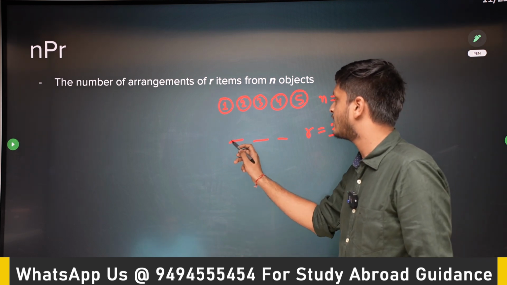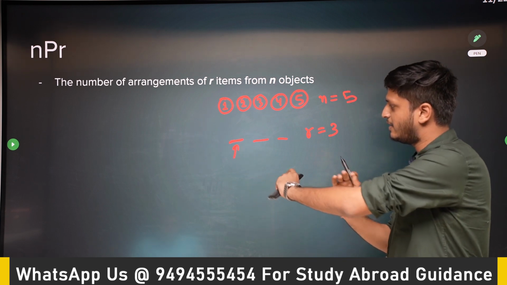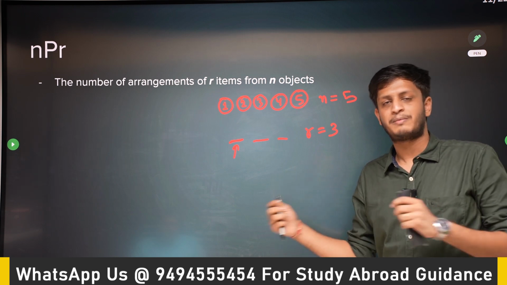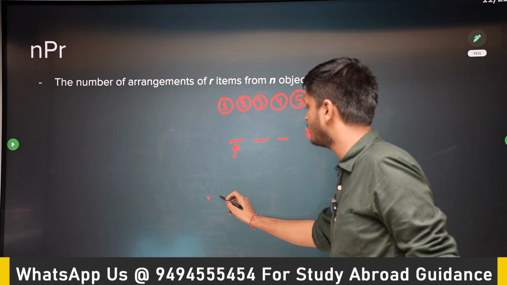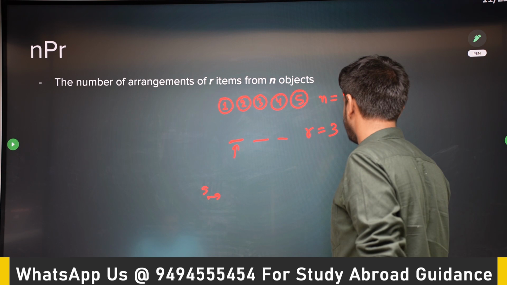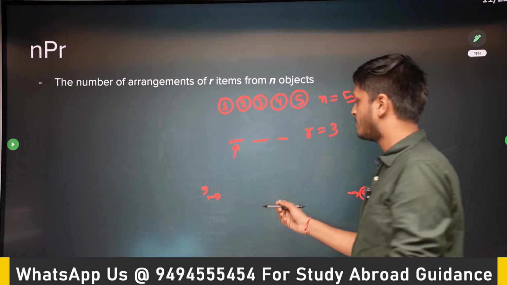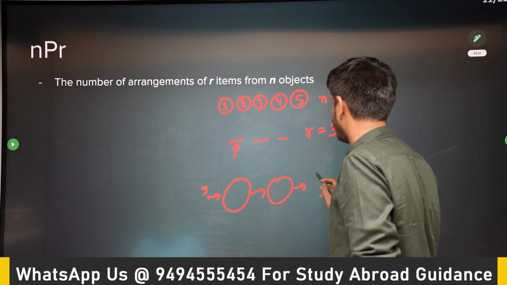How many options do I have for the first place? You can always break all these proofs using the rule of sum and product. Most of them are applying the rule of product. You have a task. What is your end task? You have to arrange 5 objects in 3 places. So break it this way: fill the first place, then fill the second place, and then fill the third place.